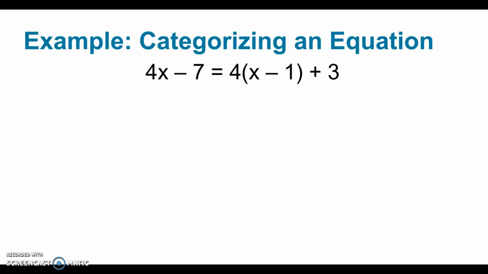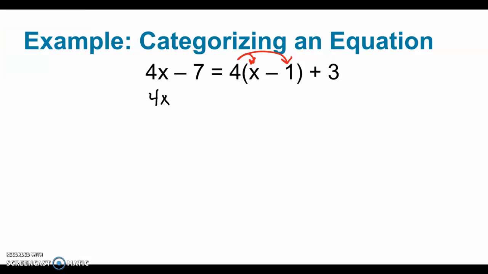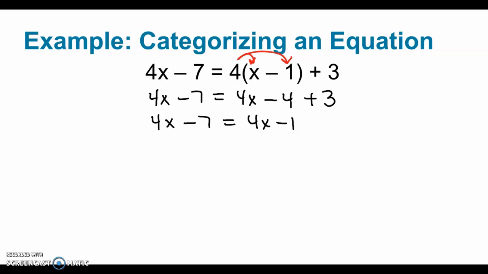This one says 4x minus 7 is equal to 4 times x minus 1 plus 3. This 4, the first thing I'm going to do is clear the grouping symbol. And so when I clear the grouping symbol here on the right hand side, I will multiply the 4 by the x and multiply the 4 by the 1. Now I'm going to combine the like terms on the right hand side, and negative 4 and 3 are like terms. I'll add those numbers together to get minus 1.